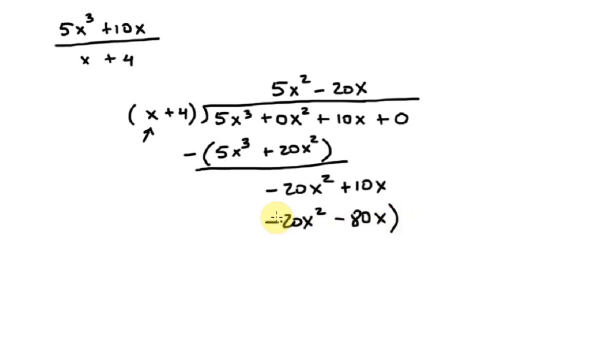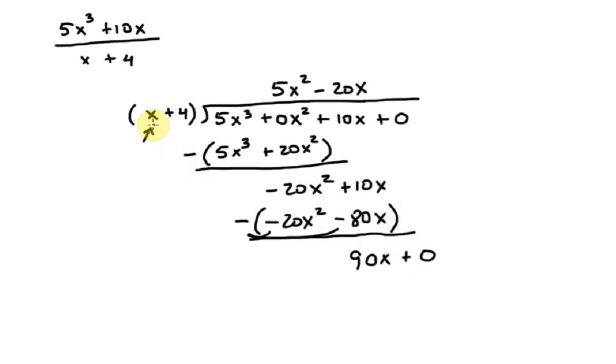Okay, and I'm going to put brackets because I want to subtract them both. Okay, negative 20x squared plus 20x squared cancels, and then we have 10x, and this is like plus 80x, so that's 90x's. And I'm going to bring down that next term, which happens to be 0.